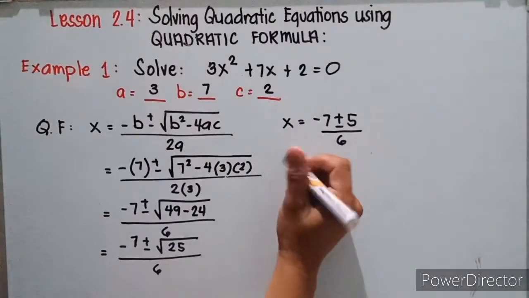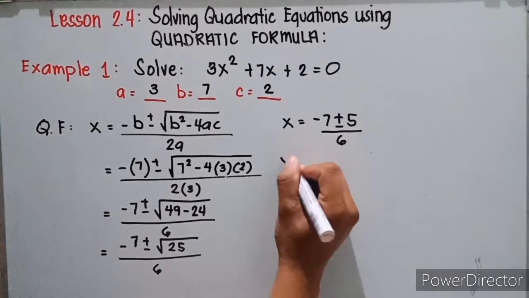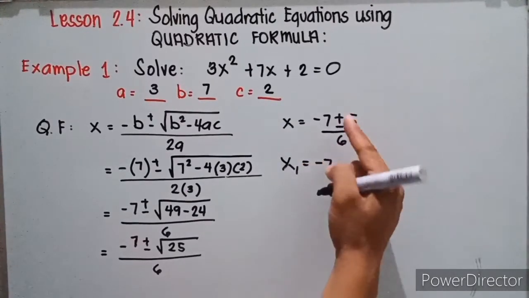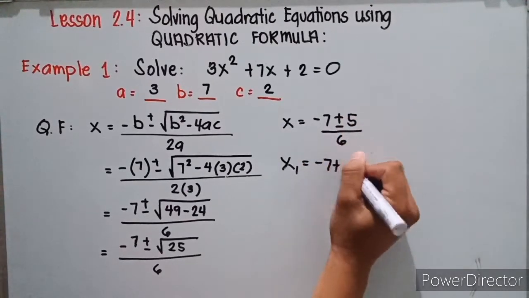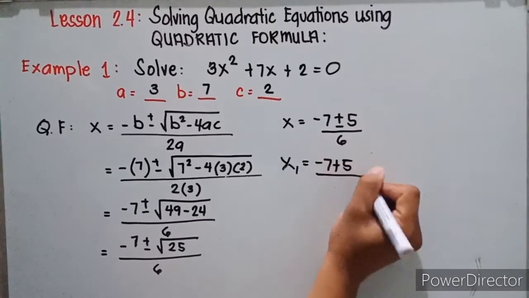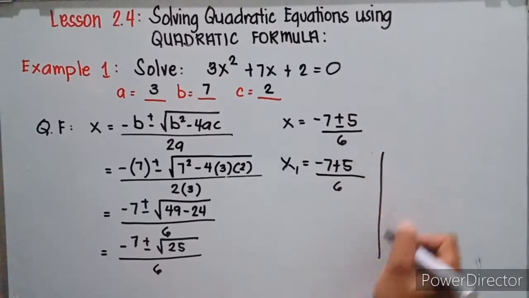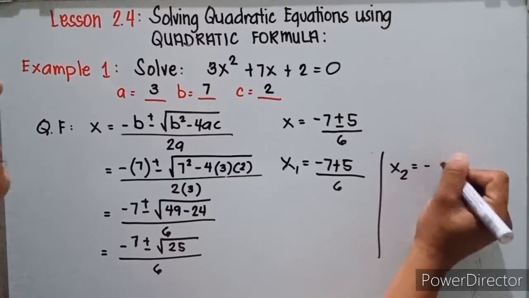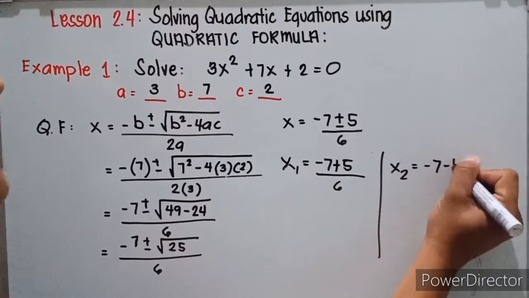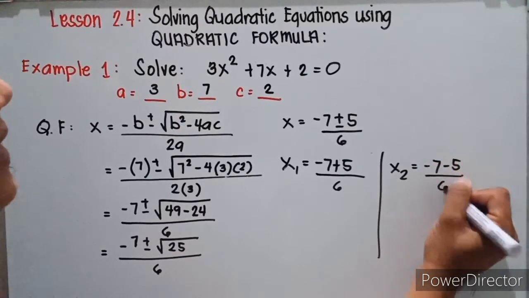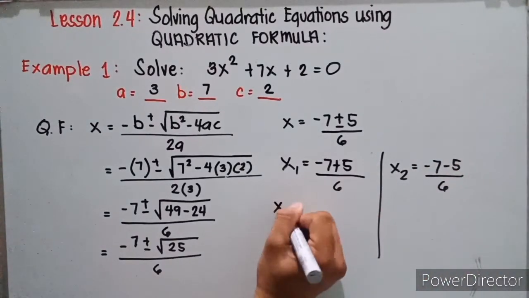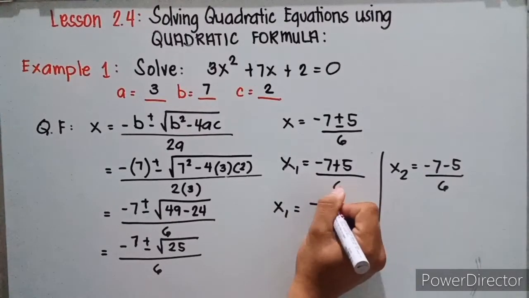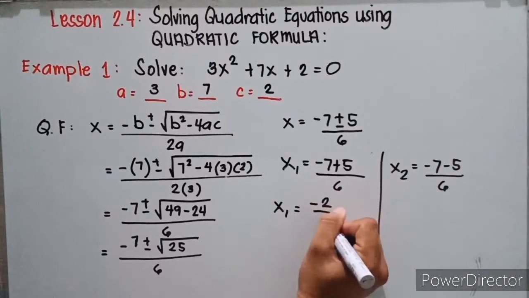Our x sub 1 is negative 7. So we are going to take the positive, plus 5 all over 6. Then for our x sub 2, we'll get the negative. So we have negative 7 minus 5 all over 6. So we have x sub 1 is equal to negative 7 plus 5 is negative 2 all over 6.